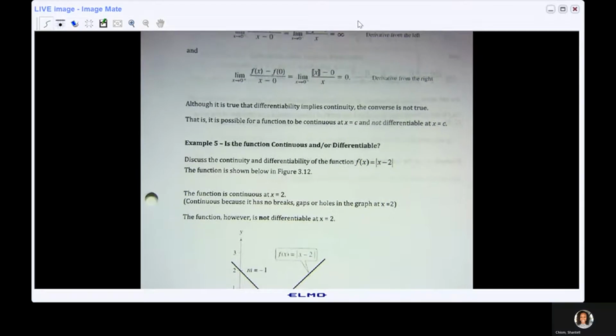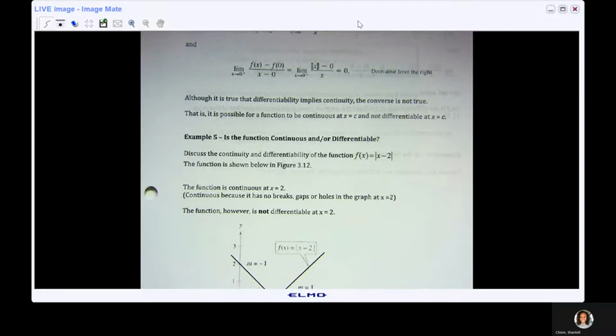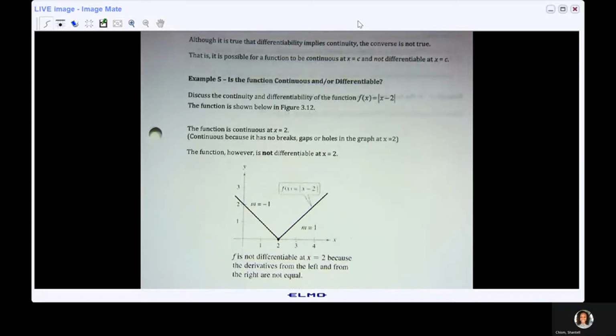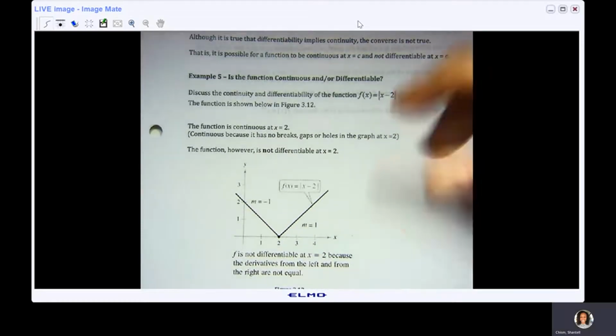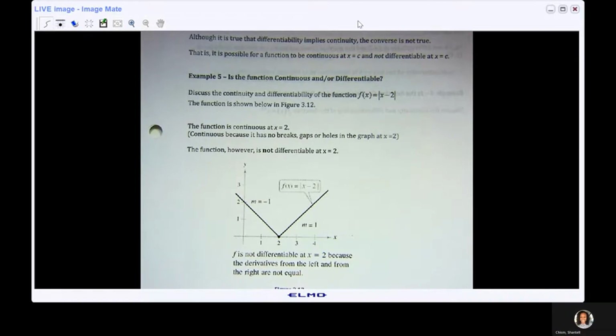Okay. All right. Another example in the notes.